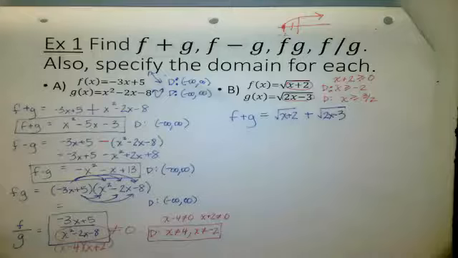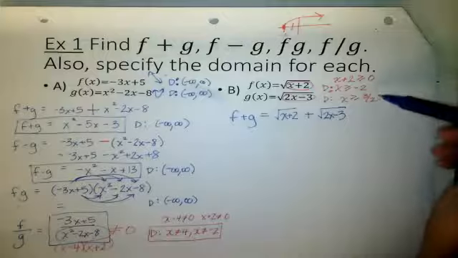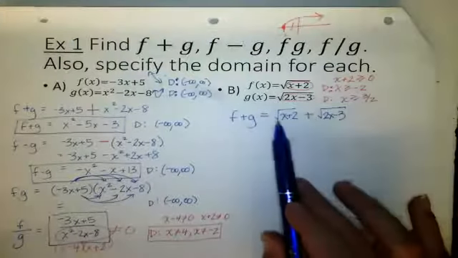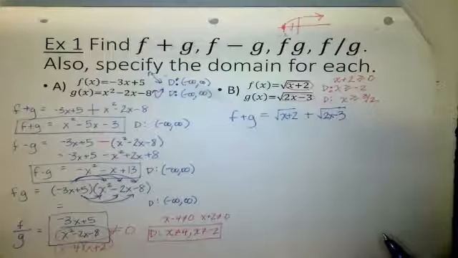I can't do anything with that. And figuring out the domain is complicated? No, because we've done most of the work already, which is why we found the domain to begin with. So we have 2 square root functions, and we have to go with the domain that works for everything.